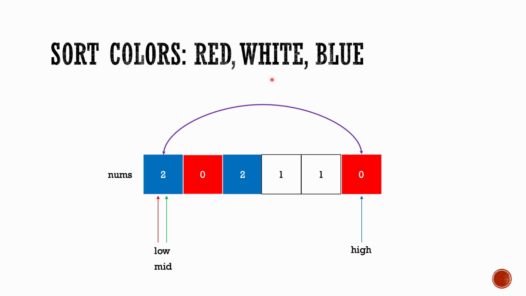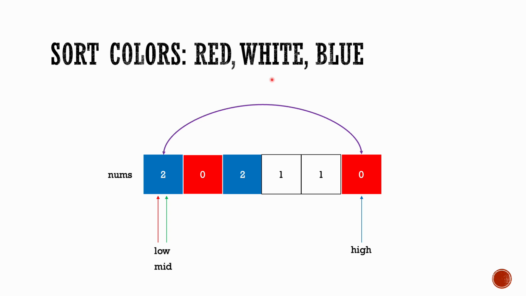So right now nums of mid is 2. Ideally 2 should go at the end of the array, right? So whenever we encounter a 2, we will shift that value to the end of the array. Whatever is at nums of high, we will swap it to nums of mid, and we'll then decrement high, but we won't increment mid.